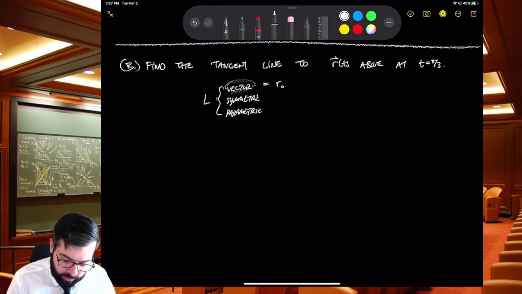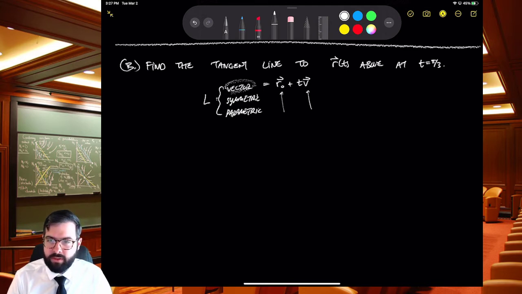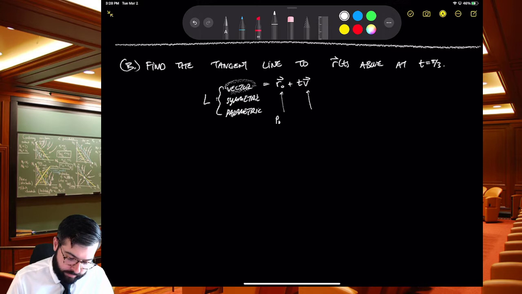It's going to be r naught plus tv. What are these vectors again? r naught is just the point on the line, the position vector of any point that's on the line, the position vector of O to some P naught. And then v is a vector that's parallel to the line.